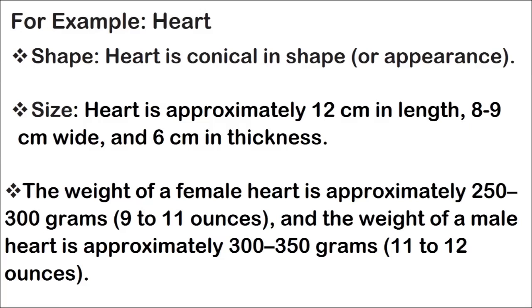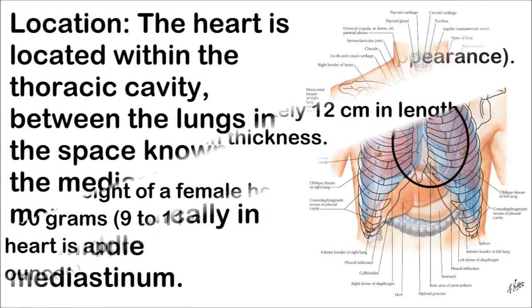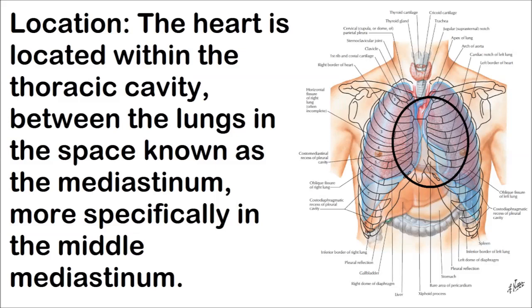Next one is the weight, in which we study how much heavier an organ or a body part is. For example, female heart is approximately 250 to 300 grams and male heart is approximately 300 to 350 grams. Location. In our body, there is a particular place for every organ.